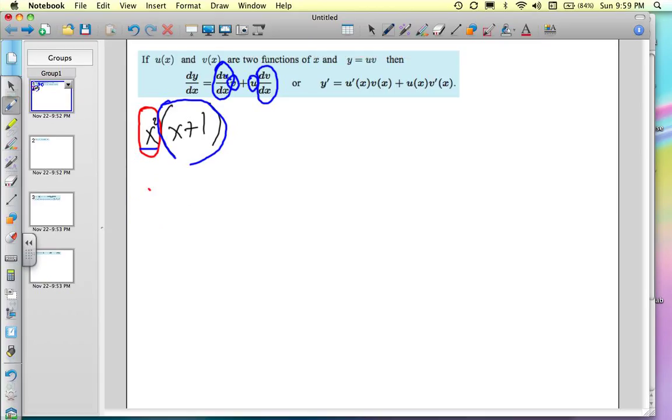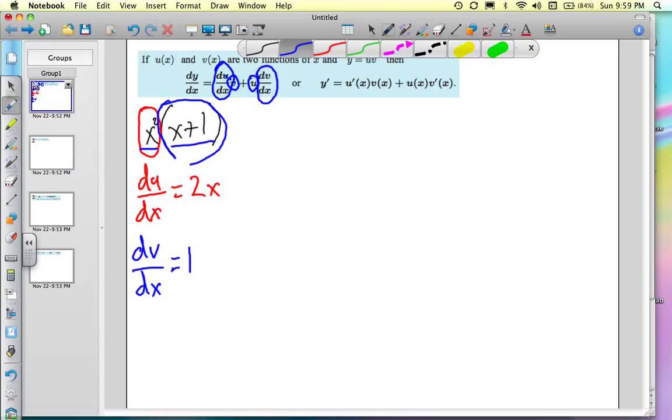So du dx is equal to 2x. And then we know the regular functions, and dv dx is the other one we have to worry about. dv dx is just going to be the derivative of this one right here, which is just 1.